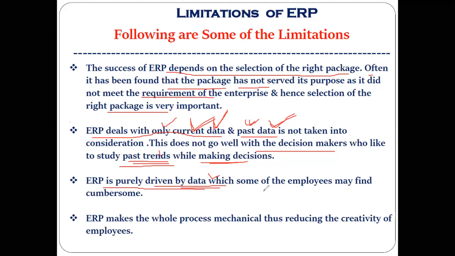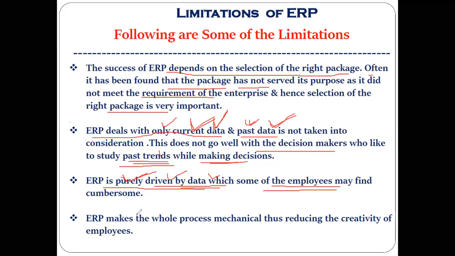And because of that, some of the employees might find problems or complexity in the functionality of ERP. Now it is an obvious limitation. If the data is not available, then ERP cannot function. Understood. But that is also considered as one of the limitations, that's why it is put under the limitation of the ERP. So data is a must to work in case of the ERP.